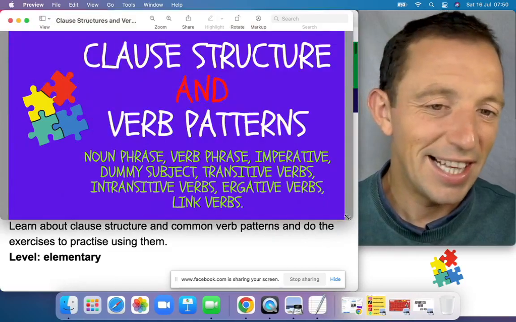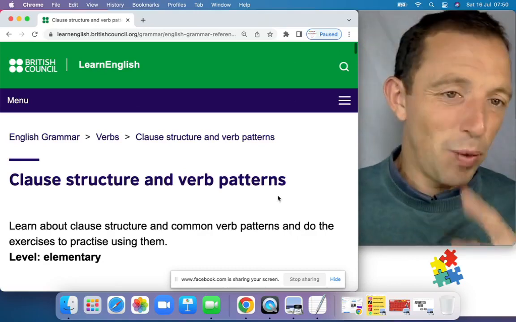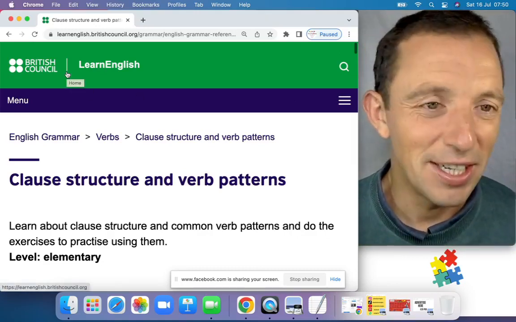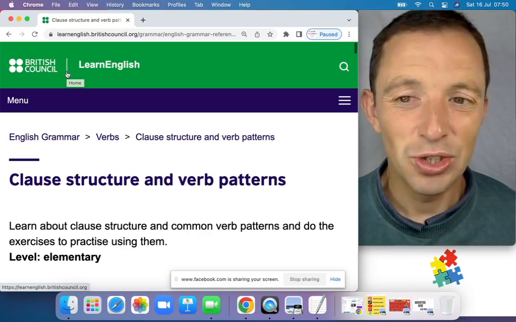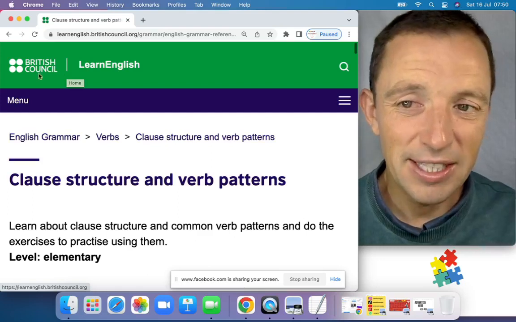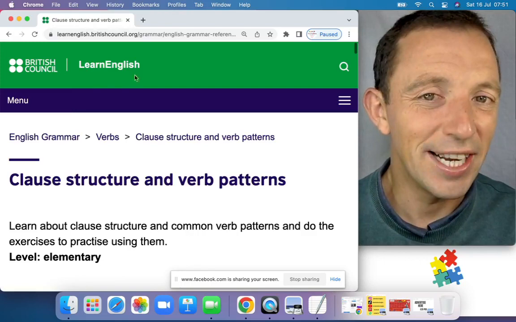Okay, let's begin. As you know, this website is very good for grammar, and it is one of my favorites to understand and learn English grammar. Specifically, it's the British Council website, and you go to the section Learn English.